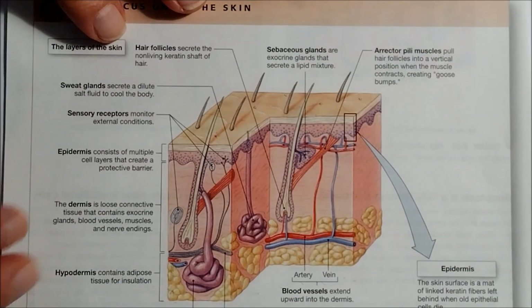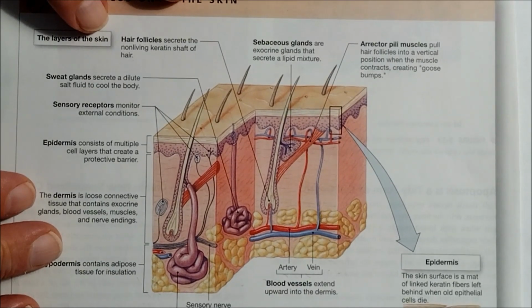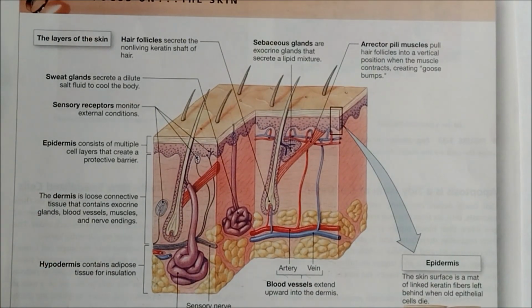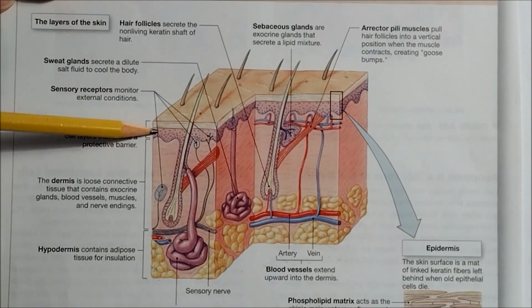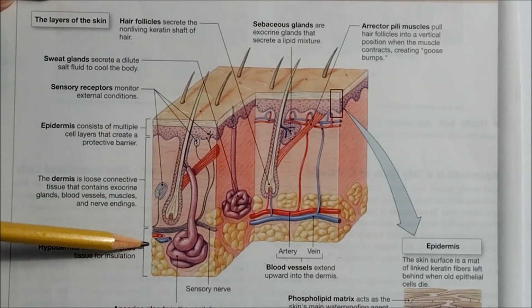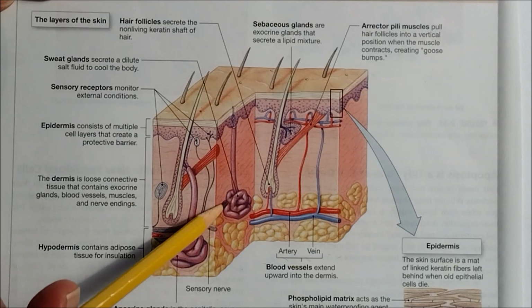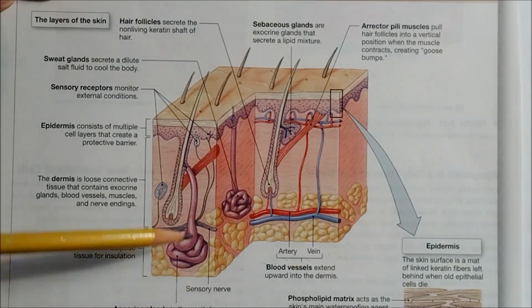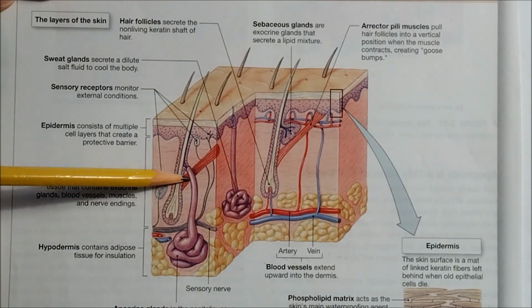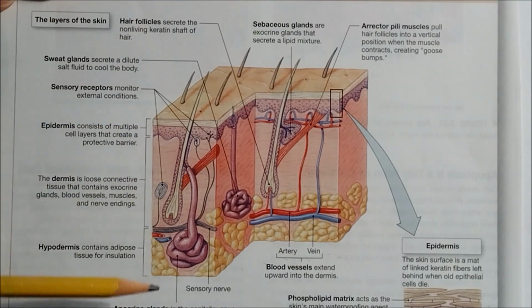Okay, so here we have another picture. It's the same idea of the slide of the skin. Again, we have the epidermis, the dermis, and the subdermis. Again, we see our sweat glands. The oil glands are usually in conjunction with the hair follicle.